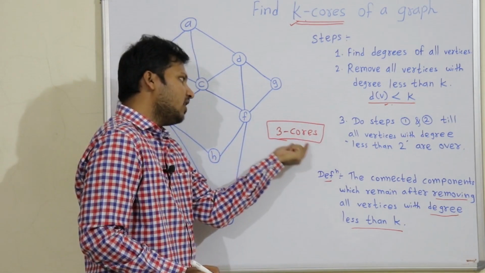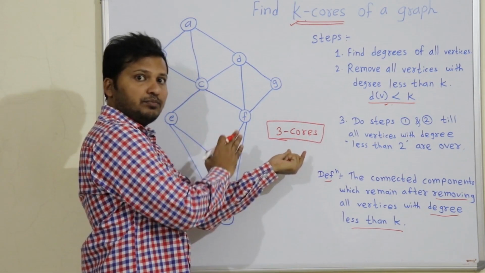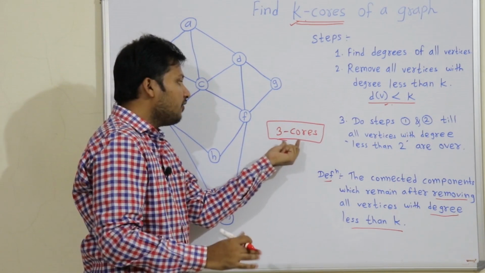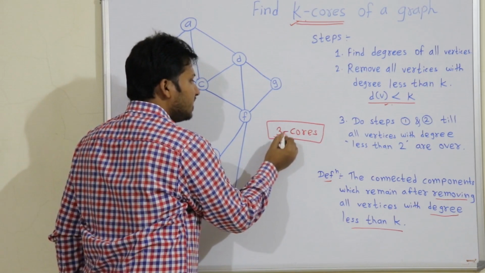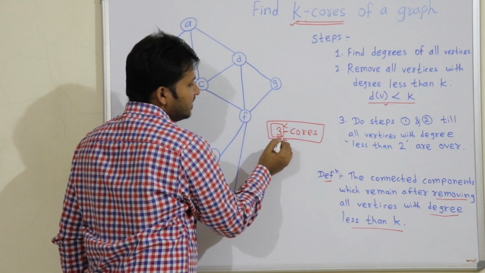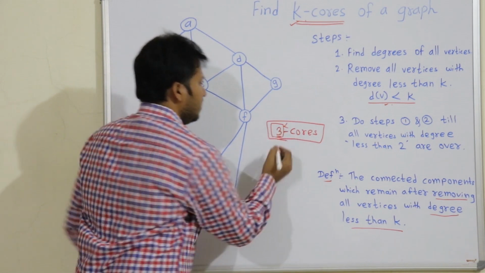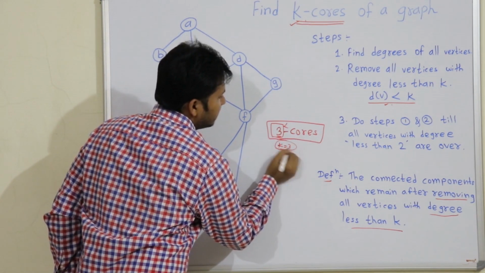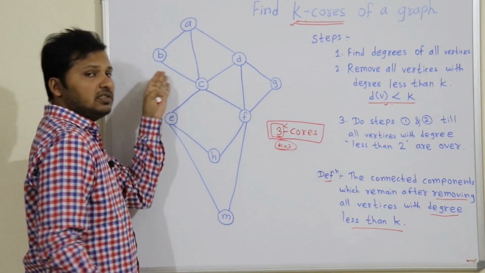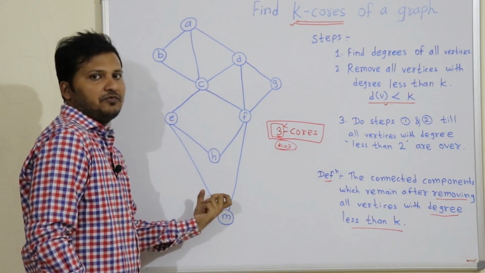We want to find out the connected components in this graph which remain after removing all vertices with degree less than k, that is less than 3. Here k is equal to 3. So now let's find out the 3 cores of this graph.